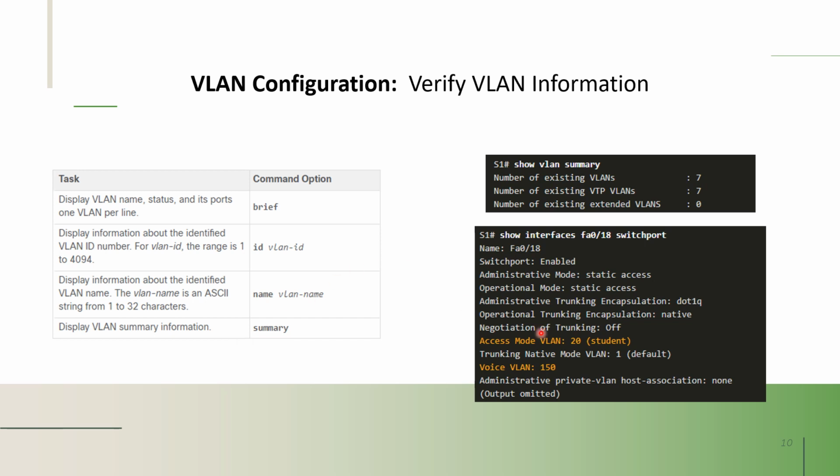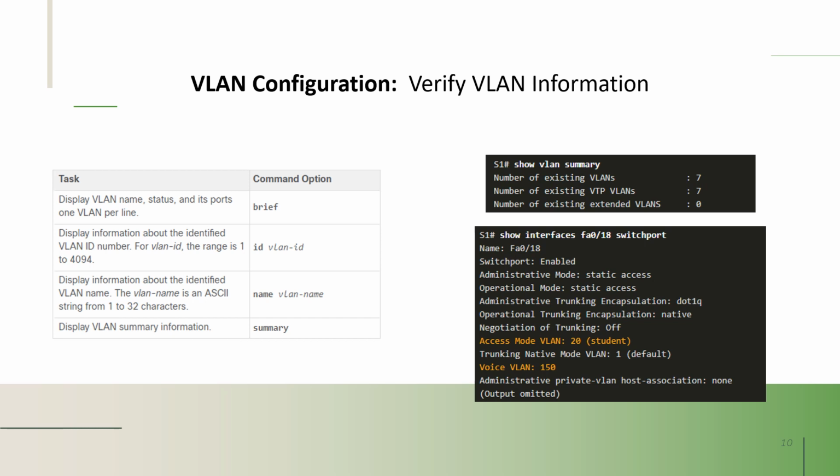And if we use show interface FastEthernet 0/18 switchport, we will be able to see all the information about the switch port, which means that the switch port is enabled, it has a static access, and there are two VLANs. This switch port is in access mode for VLAN 20, and it is able to handle voice traffic for VLAN 150.